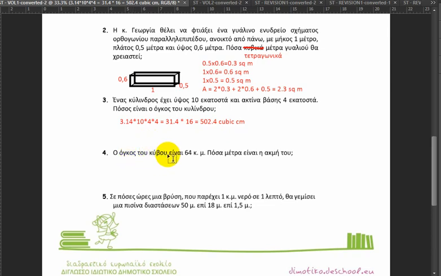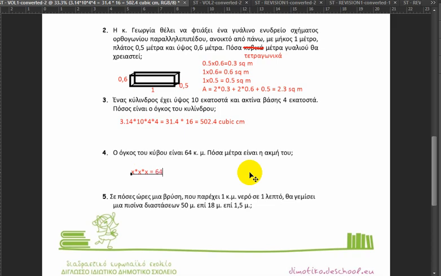Now, we have here that the volume of a cube is 64 cubic meters, and we're being asked what the length of each edge is. Well, since it's a cube, whatever its edge is, let's call it x. If I multiply it by itself 3 times, I'm going to get 64.